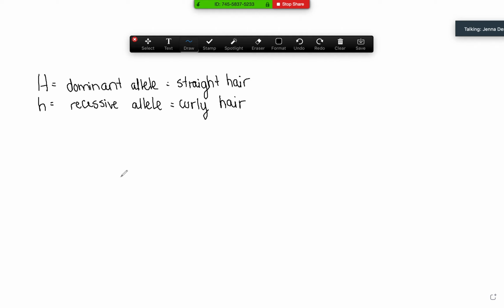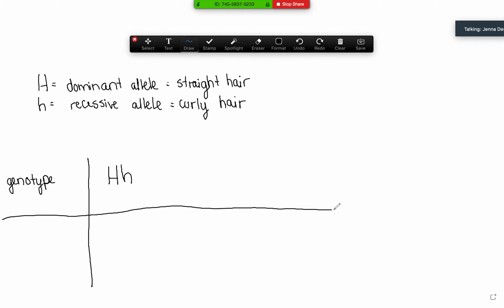Okay, so the three examples that we went over, first to start, we had a capital H and a lowercase h. Okay, so that was our genotype. All right, a little chart here. And our phenotype, or the physical expression of that genotype, was straight hair.